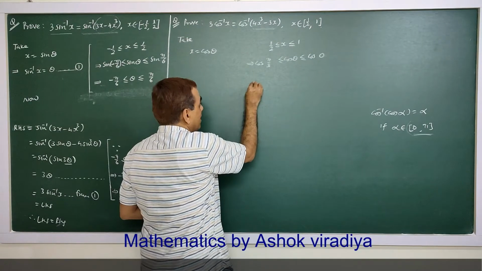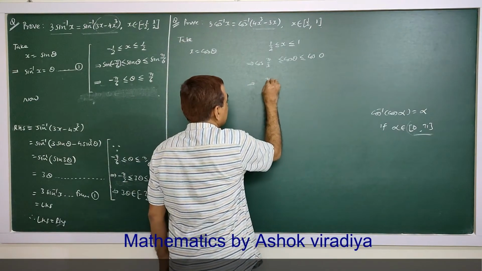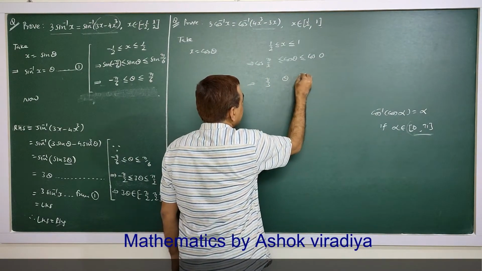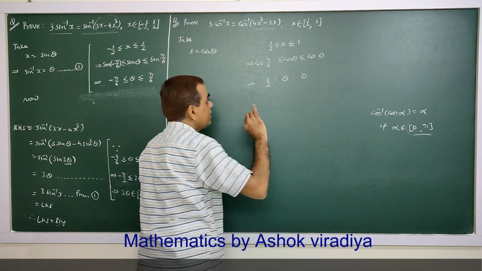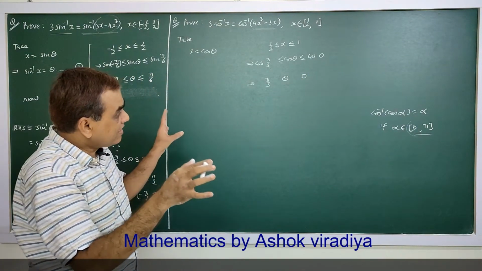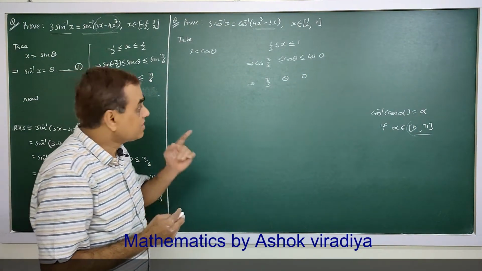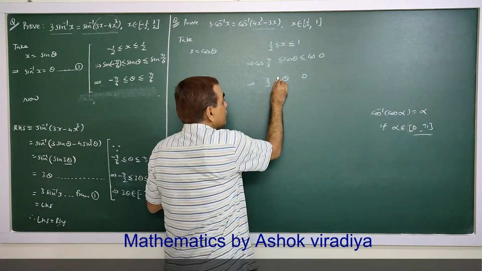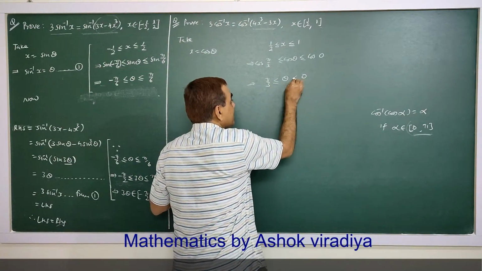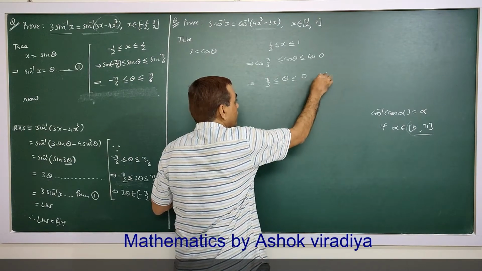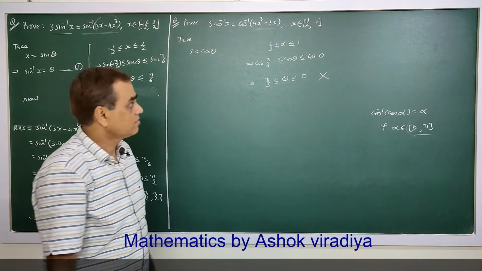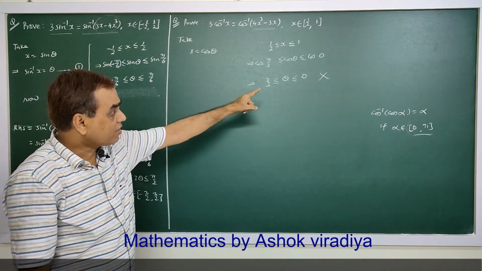Now I am removing cosine, and the values I have kept as they are. But see what happens here, we cannot continue the inequality in the same direction. This is wrong, because pi by 3 is not less than 0.